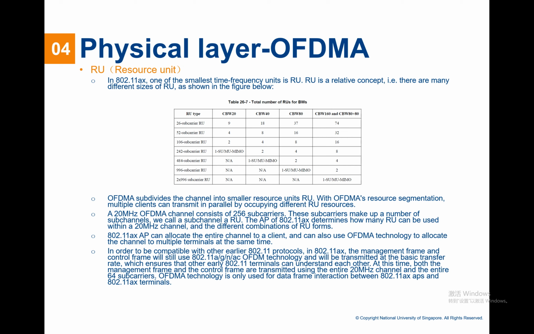At this time, both the management frame and the control frame are transmitted using the entire 20 MHz channel and the entire 64 subcarriers. OFDMA technology is only used for data interaction between 802.11ax APs and 802.11ax terminals.